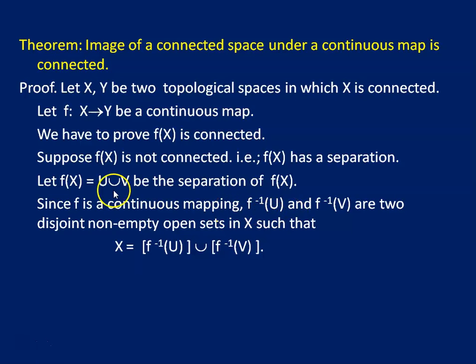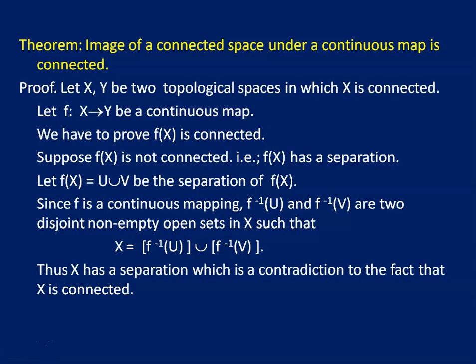So F inverse U is open, F inverse V is also open. These are open subsets of X. They are disjoint and their union is X. So X has a separation here. This is a contradiction.